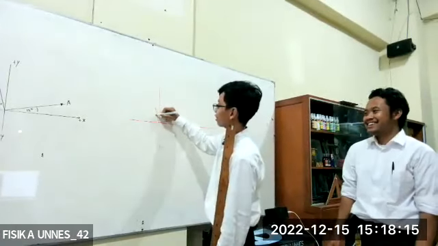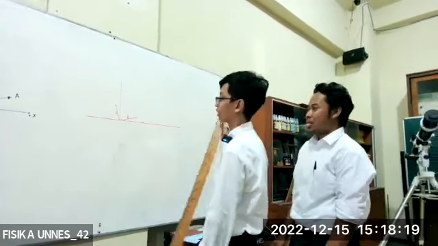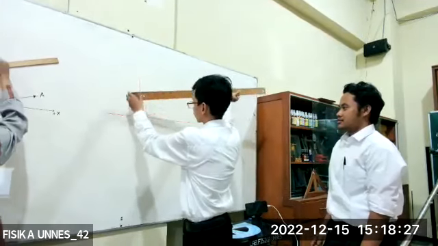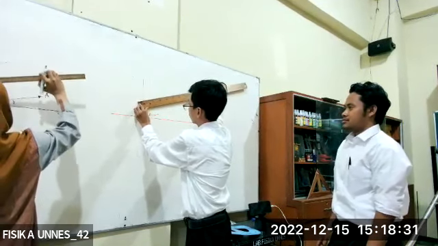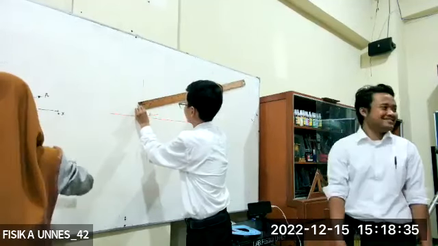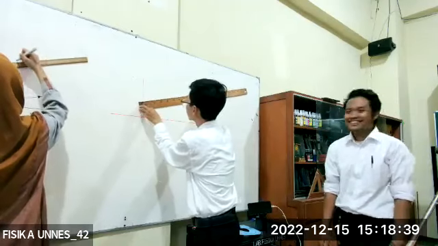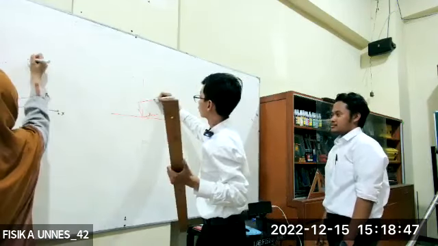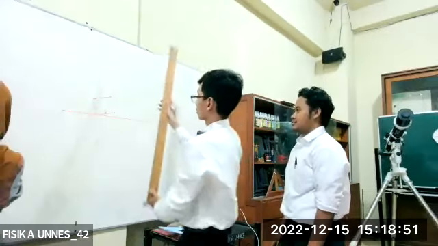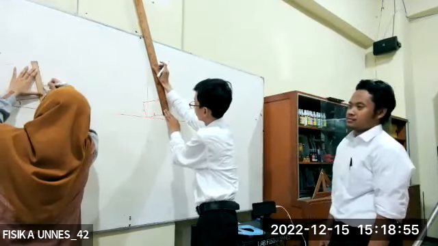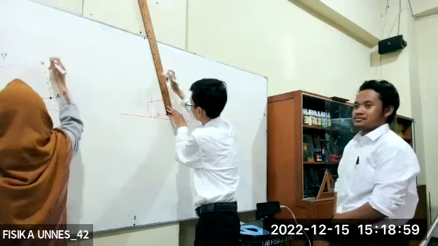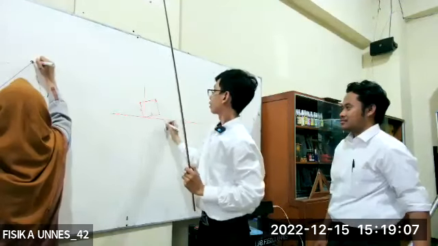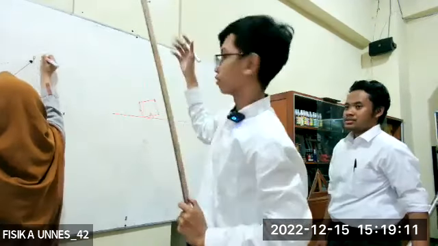So there is vector A and here is vector B. To conduct this addition by parallelogram, we need to draw another vector equal to this first vector, and the other one. It's 15 degrees.